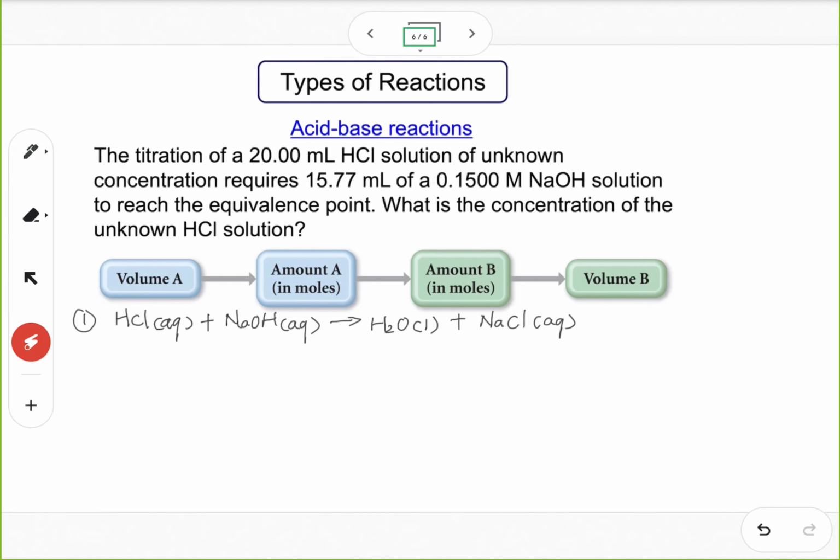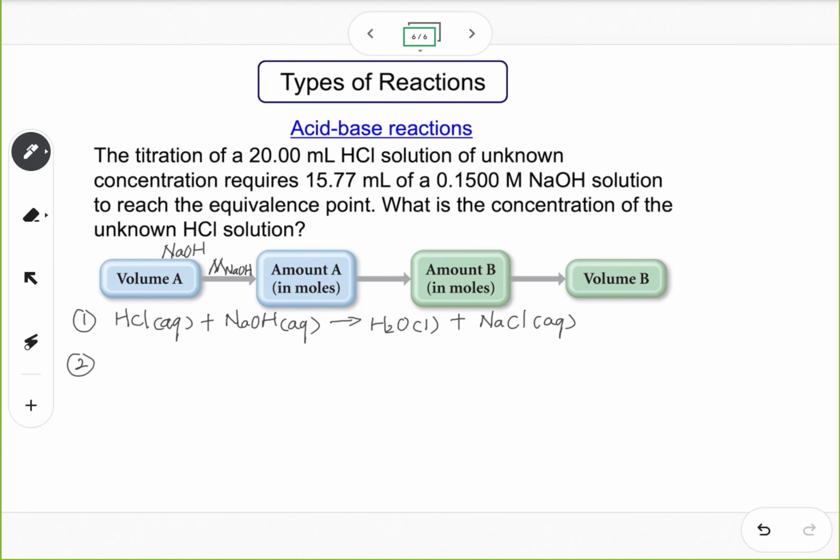All right, now let's do the stoichiometry calculation, step number 2. Before we start, let's take a look at how we use this chart. The volume A, we name that sodium hydroxide. It's known. And for the mole number of sodium hydroxide, we can use the molar concentration of sodium hydroxide to do the calculation.